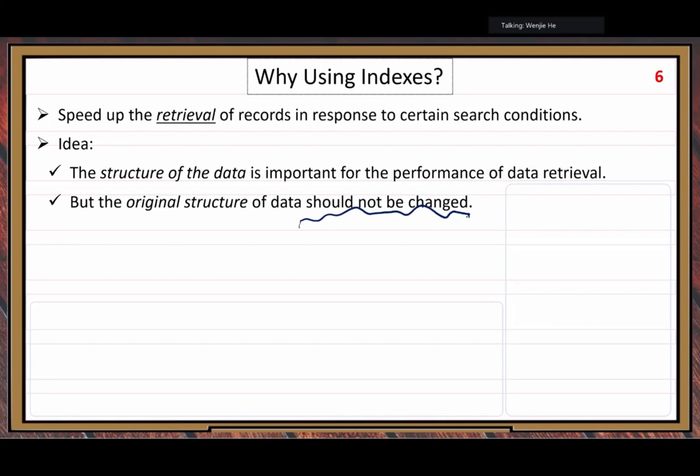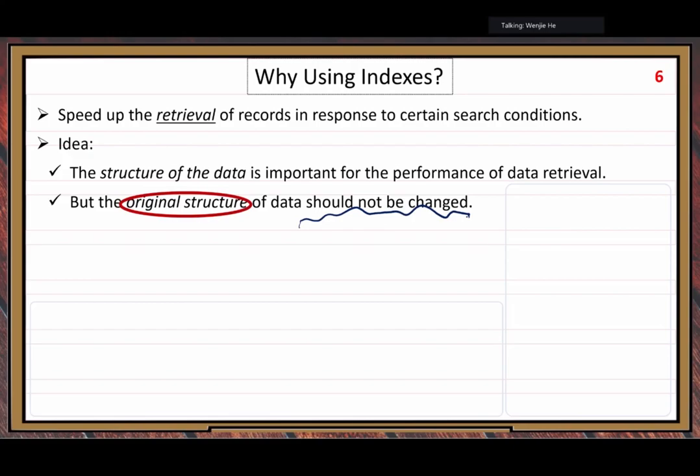We will create auxiliary supporting data associated with the business data. Because this auxiliary data is created by us, the technical people, we can control it. We can manipulate the auxiliary data, but not the original business data.